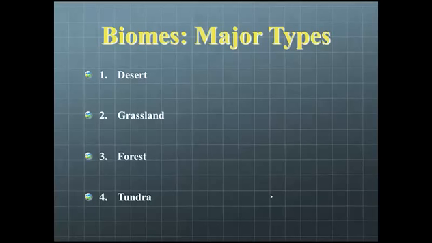We have a desert biome, grassland, forest, and tundra. Now, of course, the grassland and the forested biomes can be subdivided into other types of forest and types of grassland, but our 4 major types will remain the ones you see in front of you.